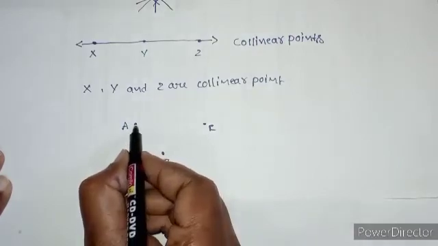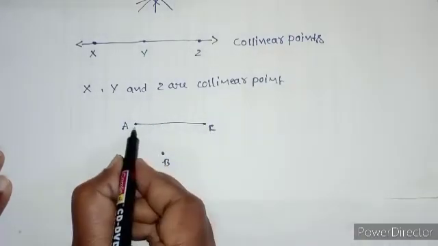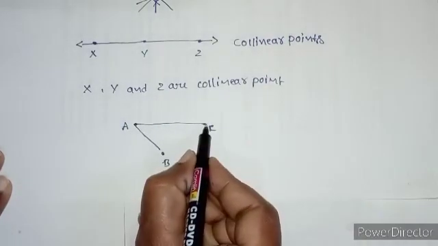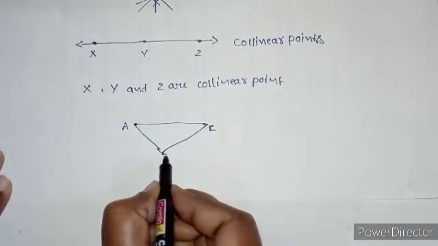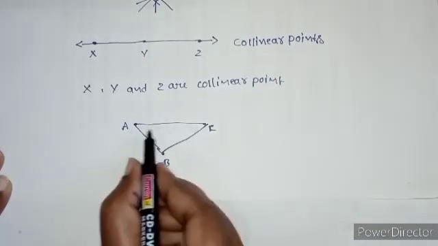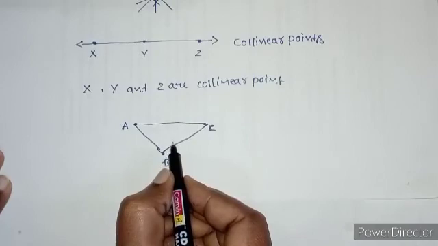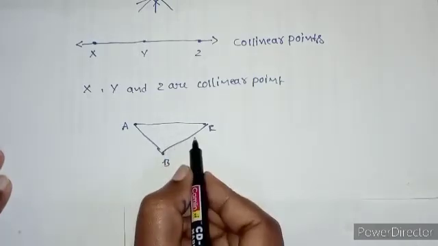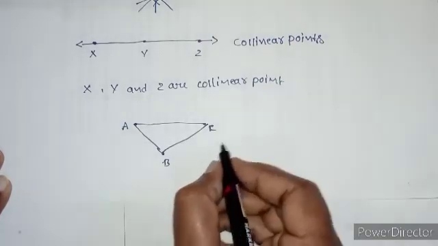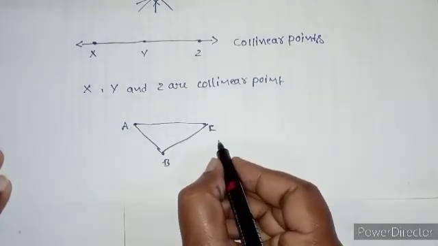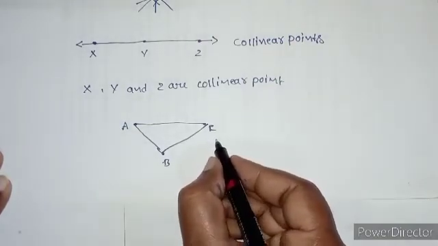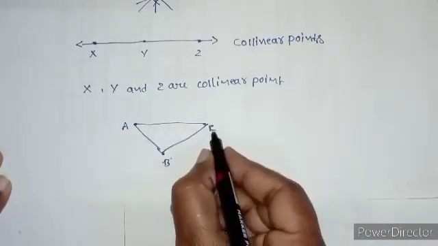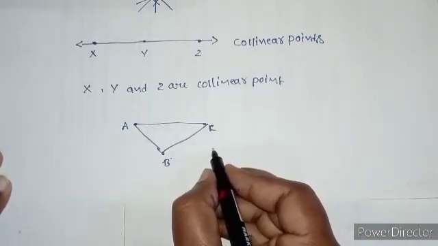Here A and C make one line, A and B one line, and C and B one line. These 3 lines do not lie in the same straight line. So this is called non collinear points. Here A, B, C are non collinear points.